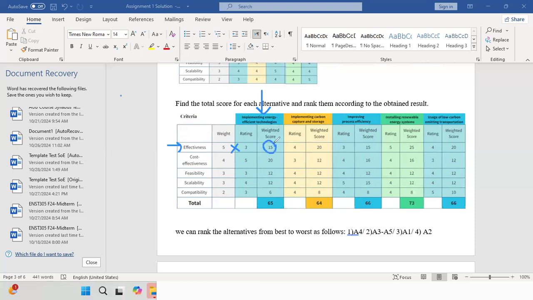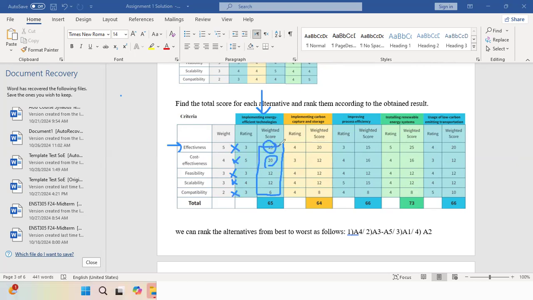So this is the score for effectiveness. 4 times 5 is the score of implementing energy efficient technologies for cost effectiveness, etc. I do this for all criteria, and then I sum the scores obtained.